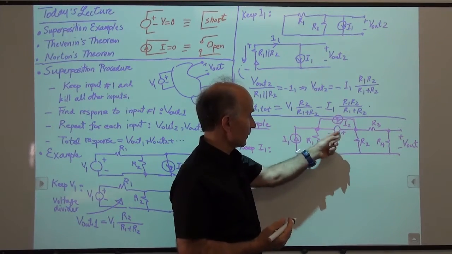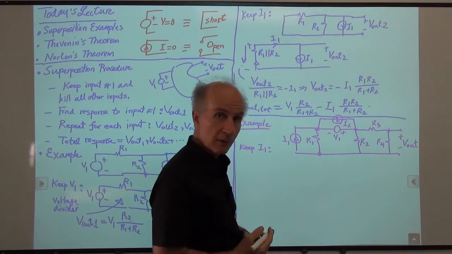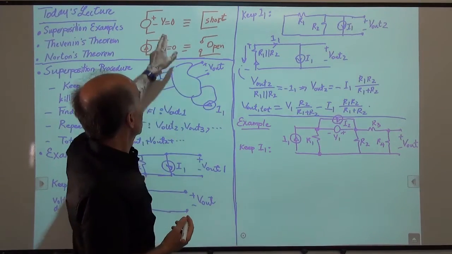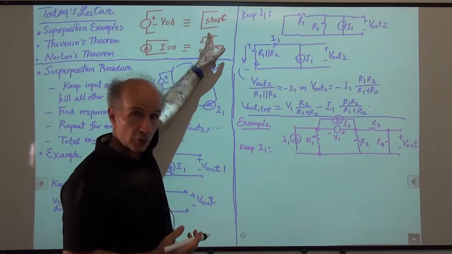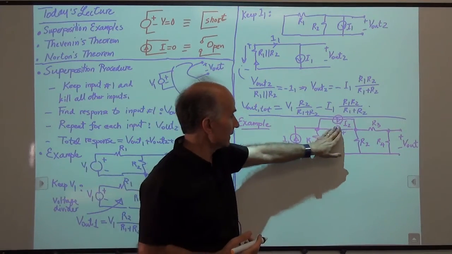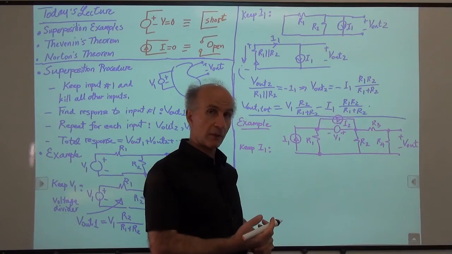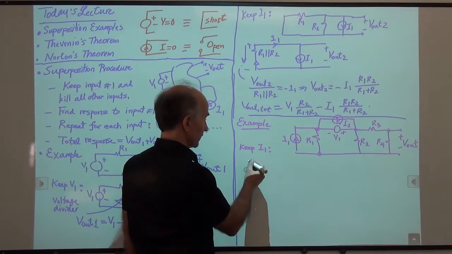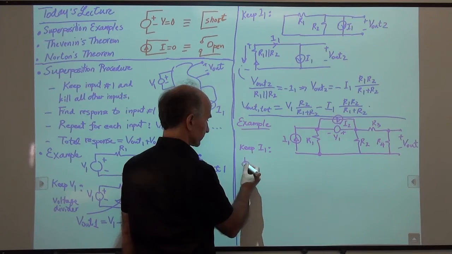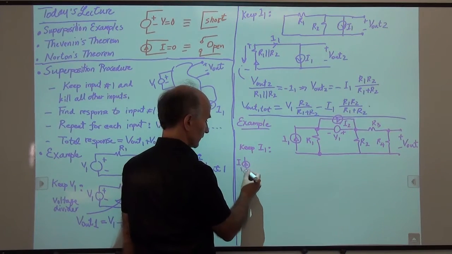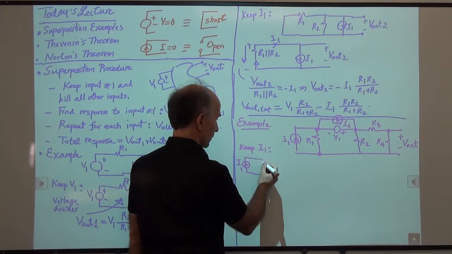And then how about this voltage source? When we set a voltage source to 0, its value has to be a short circuit. So I take this out and just short these two nodes together. So now I can see that circuit is very simple, right? So here's what we get. We have I1, then we have R1.